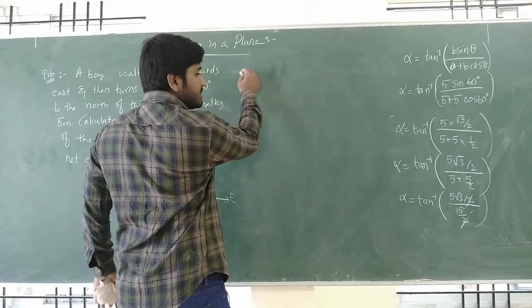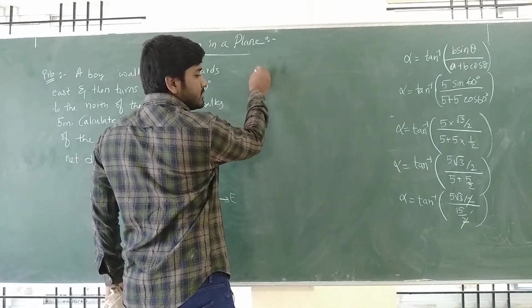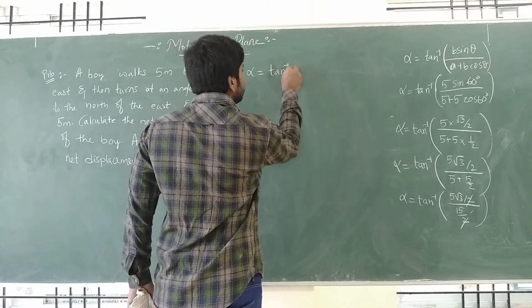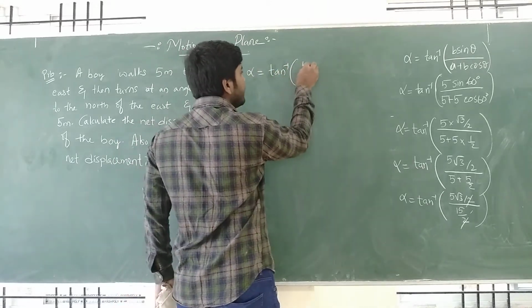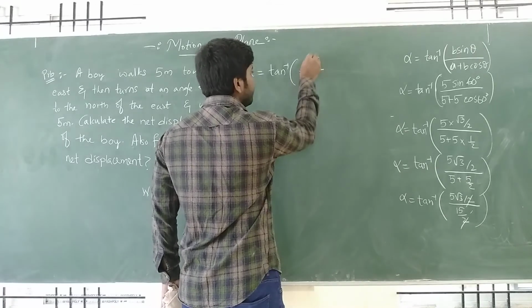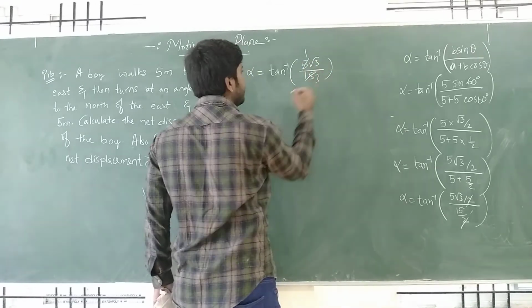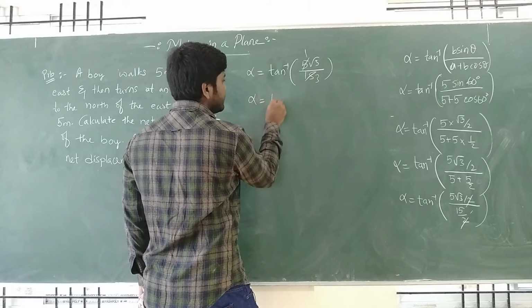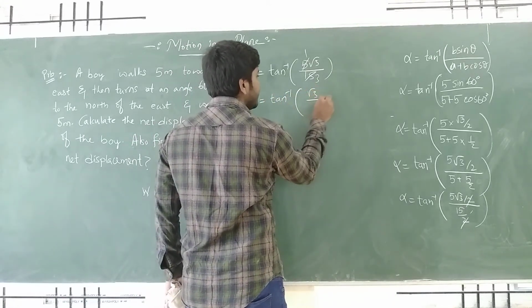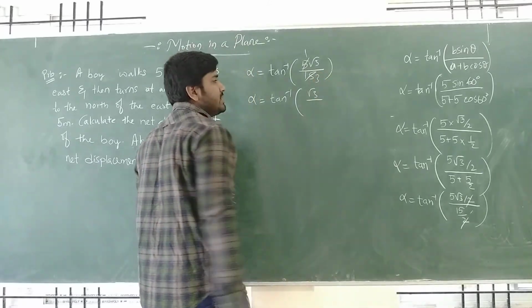Just do the calculation. Alpha is equal to tan inverse of 5 root 3 divided by 15. 5 ones are 5, 5 threes are 15. So alpha is equal to tan inverse of root 3 divided by 3.